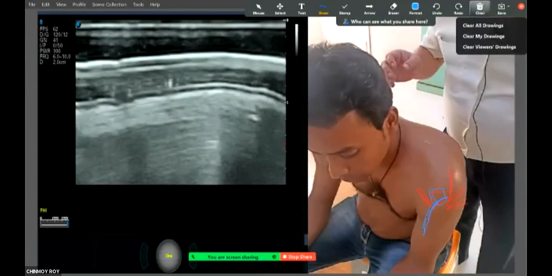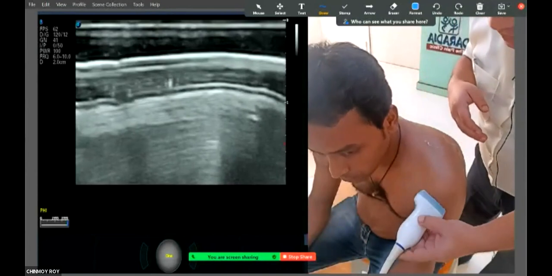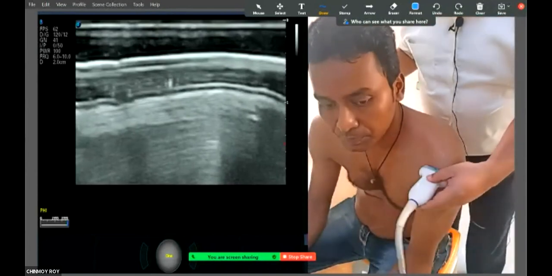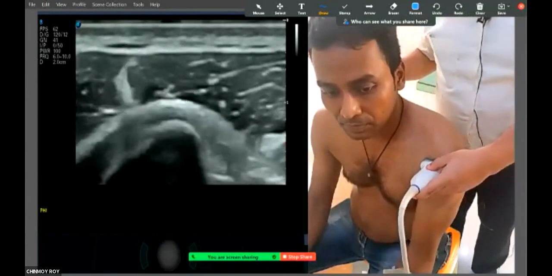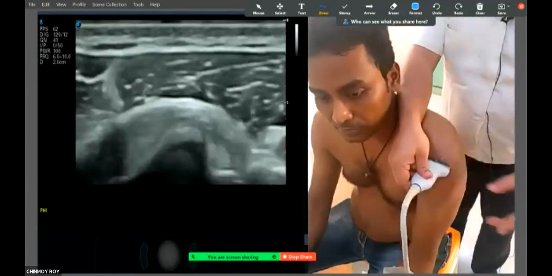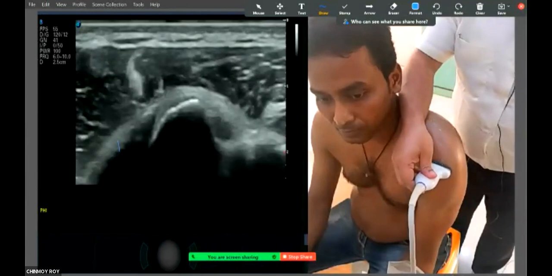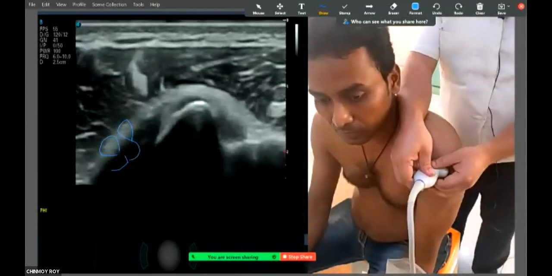Okay, so the rotator cuff interval, left side, this is the subscapularis. Okay, in this view only I show.